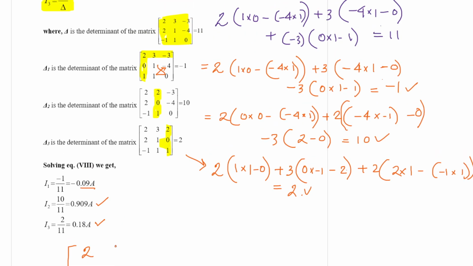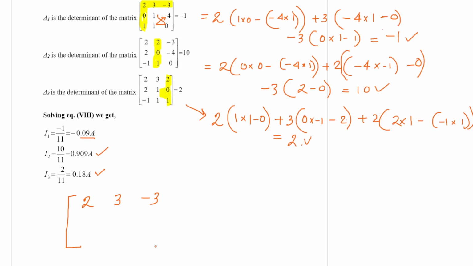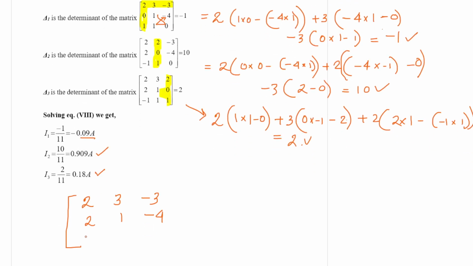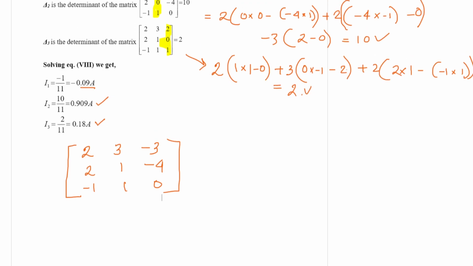Let us start with the matrix 2 3 minus 3, 2 1 minus 4, minus 1 1 0. Now how to calculate the determinant of this matrix? We have some rule.